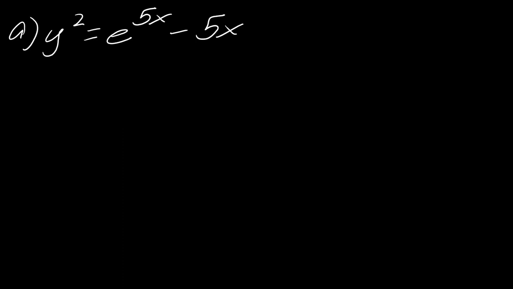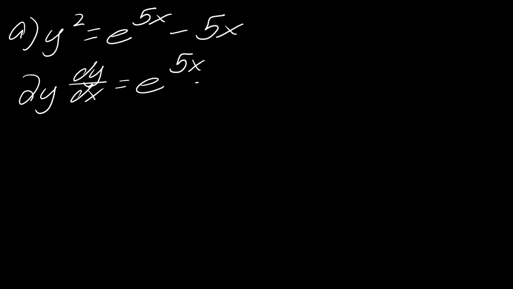So let's start by taking the first derivative. We need to get to the second derivative with this. So first I'm going to take 2y dy dx, and then this is going to be e to the 5x times 5 minus 5. So there I've used the chain rule. I'm setting up my implicit differentiation. At least this one's going to be nice and straightforward to figure out dy dx.